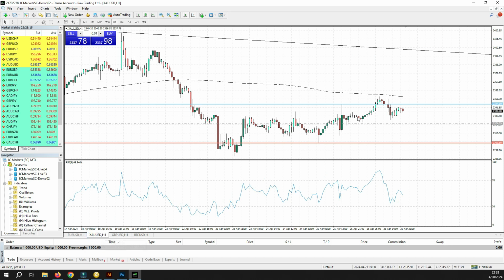So the next one is gold. Again, 24 of these candlesticks is 1 day, so Friday started somewhere here, and the previous day high was here and the low was there, and then we are tracking this level. On the gold chart we don't have any extra information. We can't read anything special from this indicator, but it still helps us. The middle of this indicator is actually the average price of the previous daily high and low.